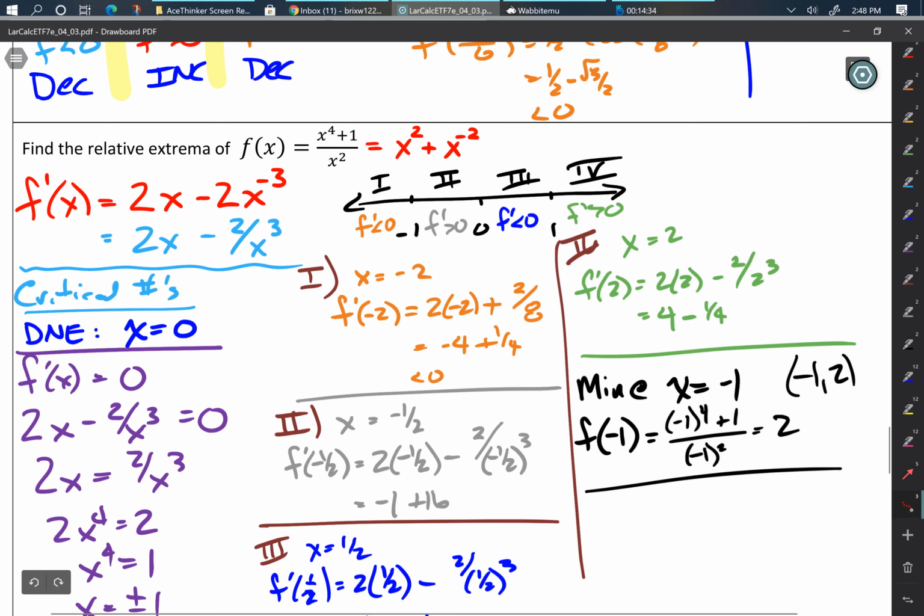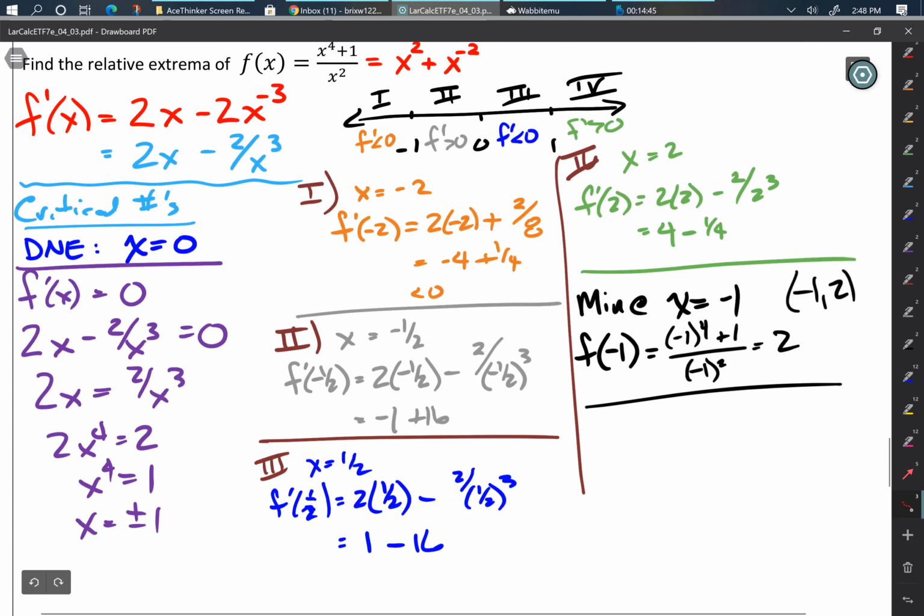Right? All right. What's happening at 0? Well, to the left, we're positive first derivative. That means we're increasing. To the right, we're negative first derivative. So that means we're decreasing. So increasing, decreasing, you want to say you have a max at 0. But you don't.